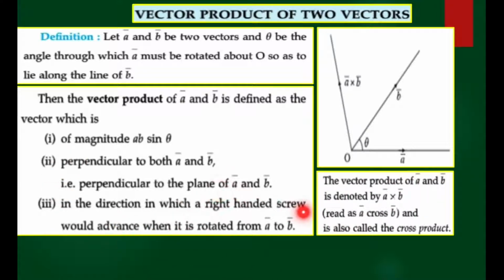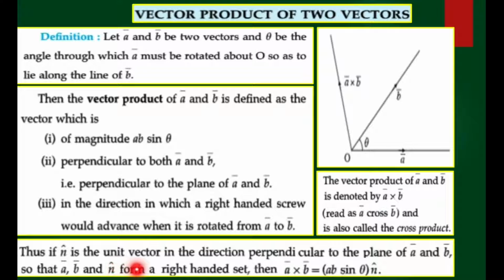So see here, the vector product of vector A and vector B is denoted by A bar cross B bar. We read it as A bar cross B bar, and it is also called the cross product.